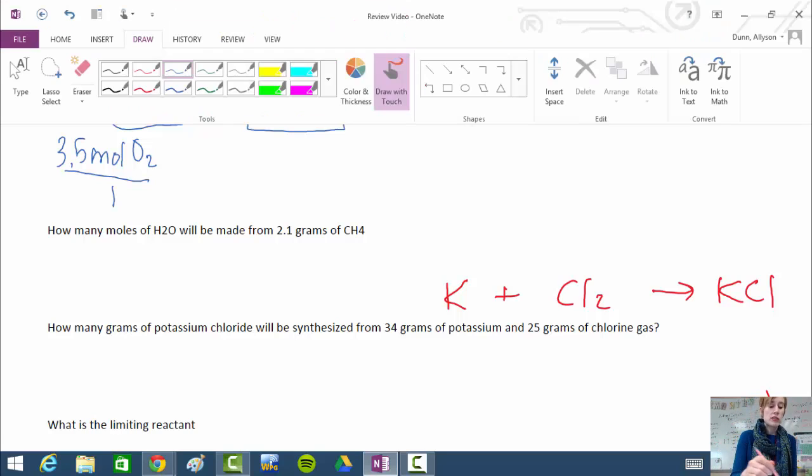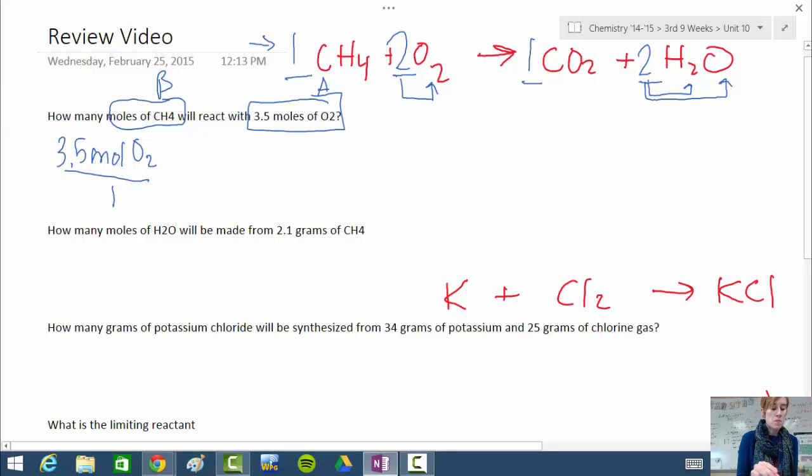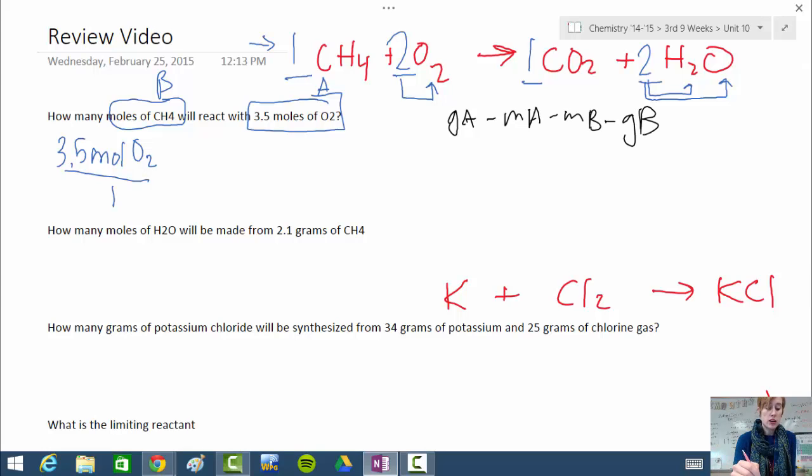So we've learned, guys, that we always start in, remember our pathway: grams of A to moles of A to moles of B to grams of B. Well, we are not given grams of A here. We were given moles of A, so we're starting here in our pathway, skipping the part that has grams of A. We put moles of A on the top over 1.